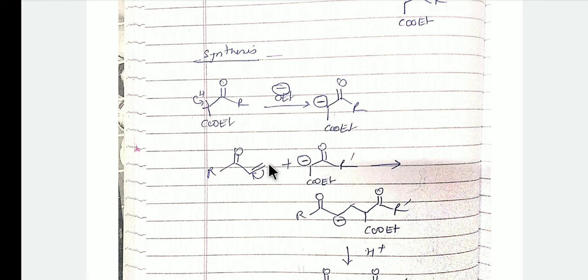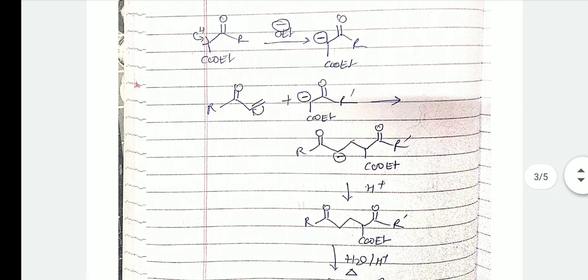This positively charged carbon atom links with the negatively charged carbon atom of the second molecule, so a covalent bond is formed between this carbon atom and this carbon atom, and it is illustrated by this covalent bond. So we get another anion and another molecule, and here the negative charge is created at this carbon atom, which is created by the delocalization of the pi electron from this carbon to this carbon atom.